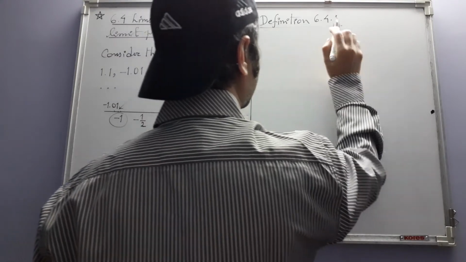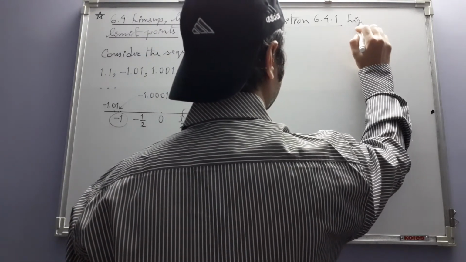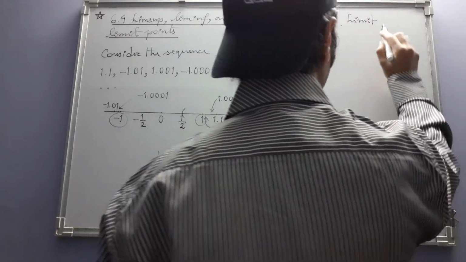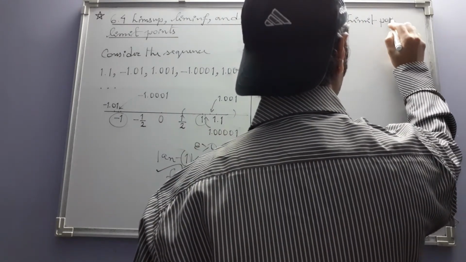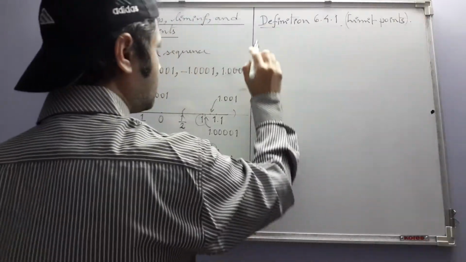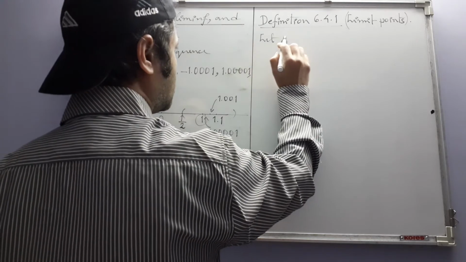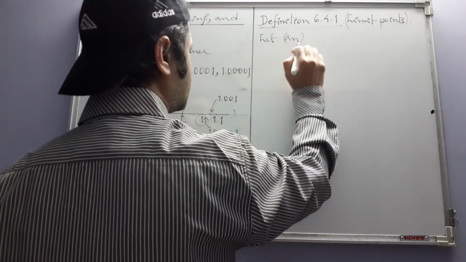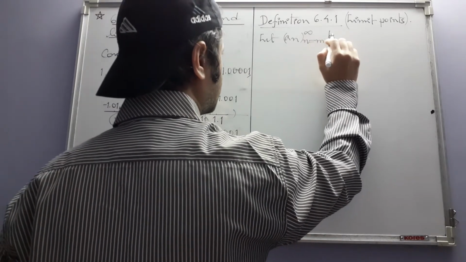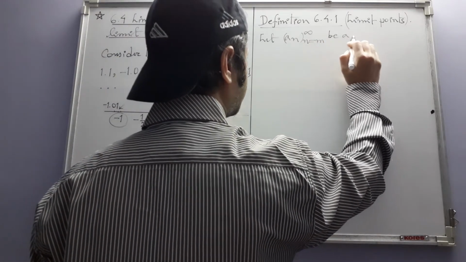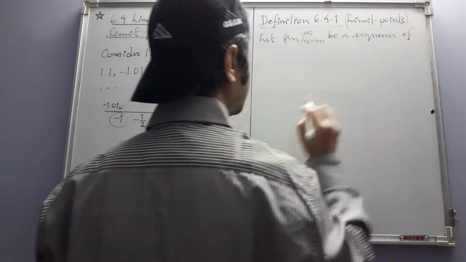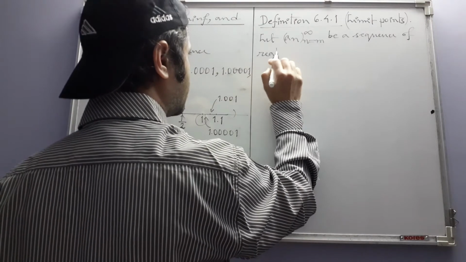Definition 641, limit point or points. Let an be a sequence of real numbers.